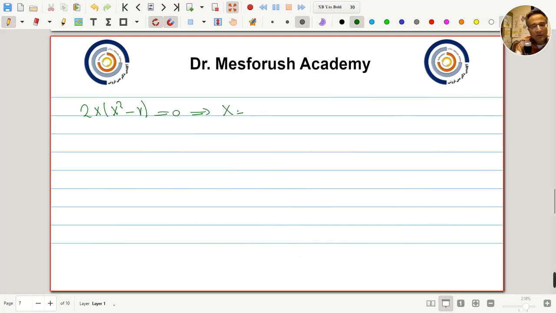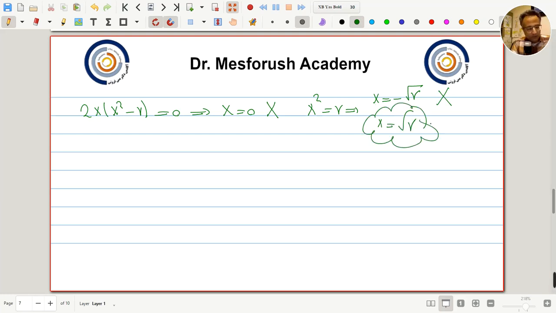So x equal to 0 is not acceptable. The other one, x squared equal to r, gives x equal to minus the square root of r, not acceptable, and x equal to the square root of r, which is acceptable. Now this is the first part.